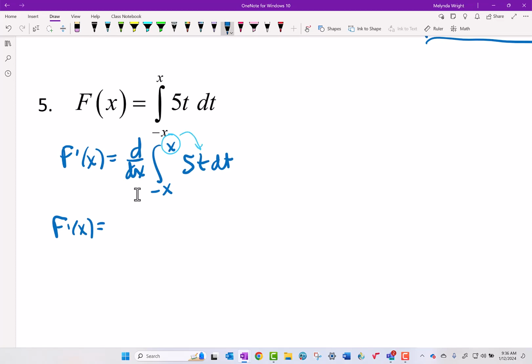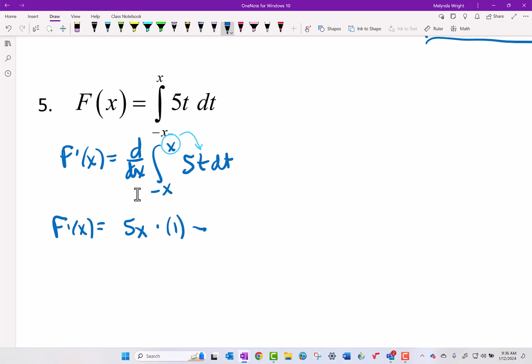So we've got 5x. Now, the derivative of x is 1. I can put that there, just to be in the habit. Minus, because that's what the formula tells me to do. I didn't do a minus because this is negative. I did minus because the formula tells me to.